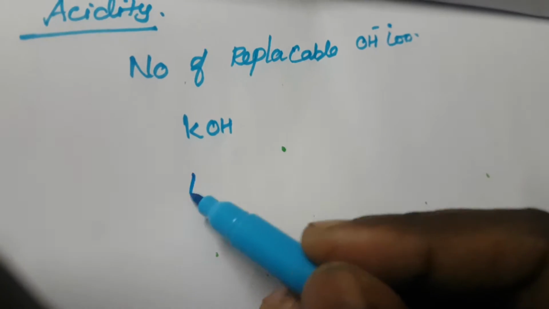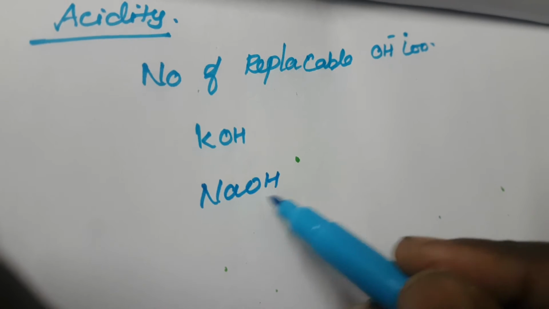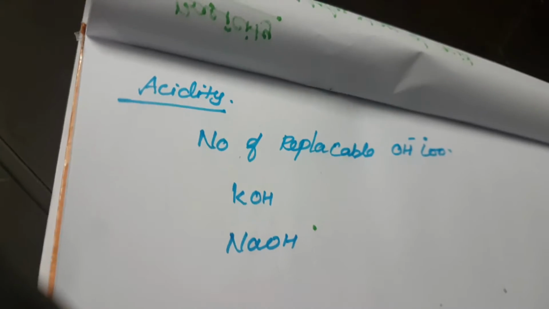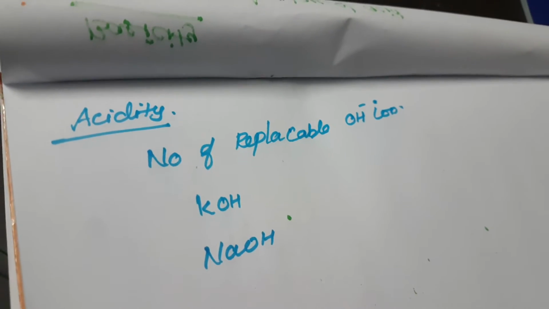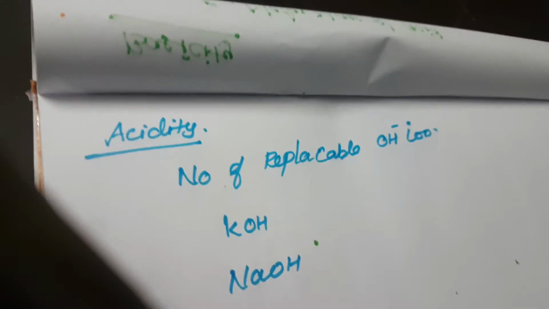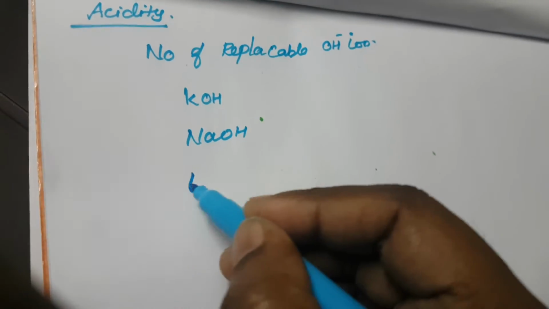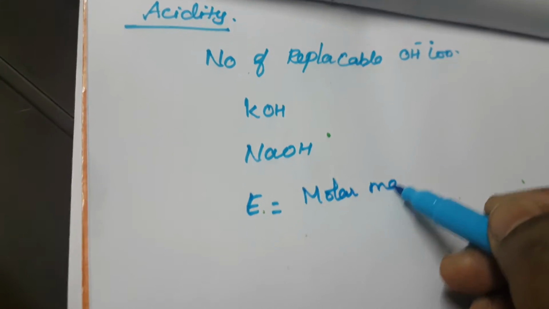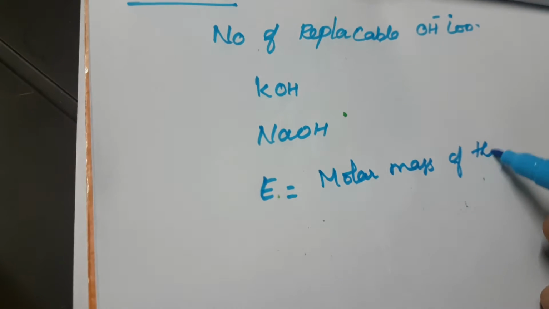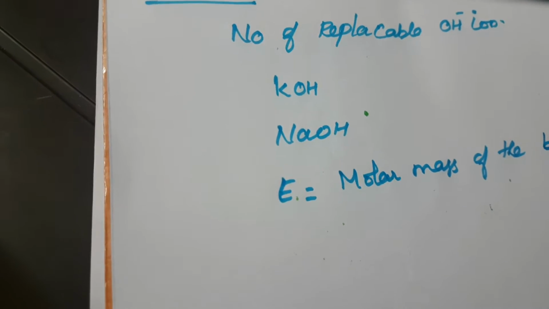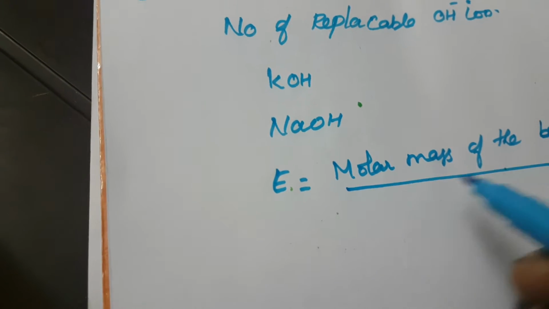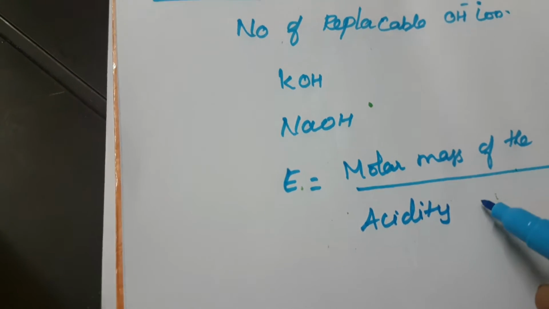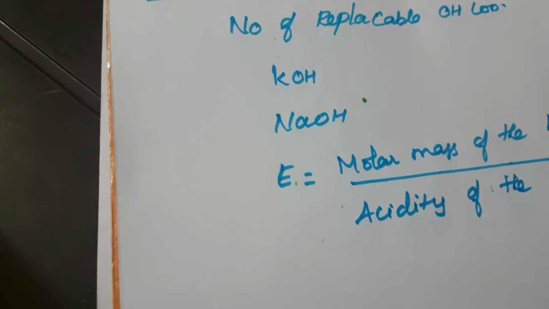The next one is sodium hydroxide, NaOH. Number of replaceable hydroxyl ions, that is OH minus ions. Again the same calculation: E is equal to the molar mass of the base divided by the acidity of the base.